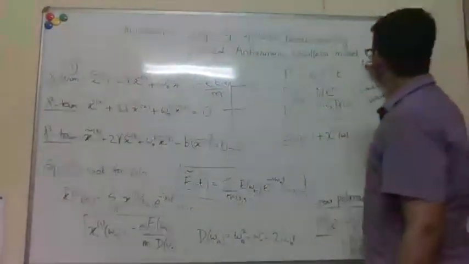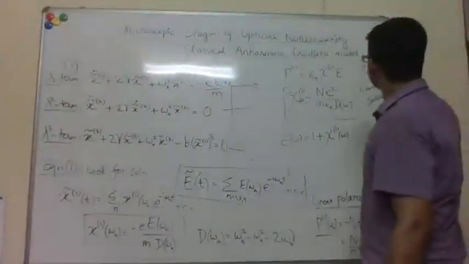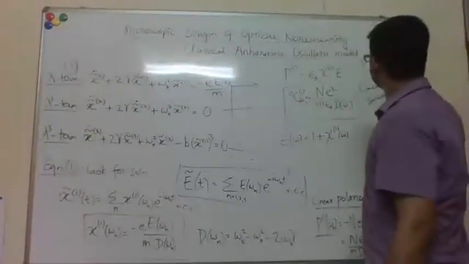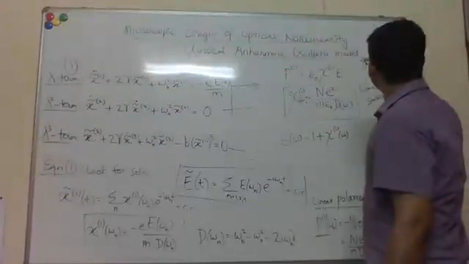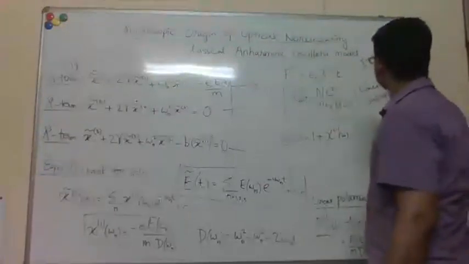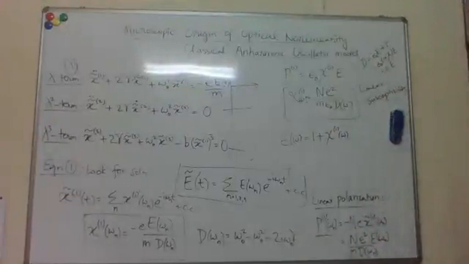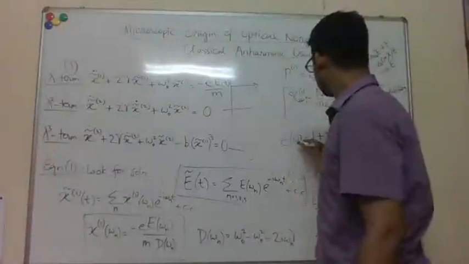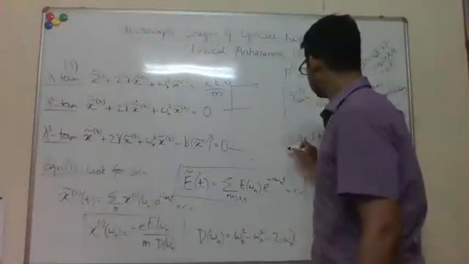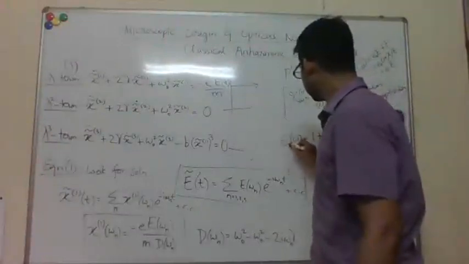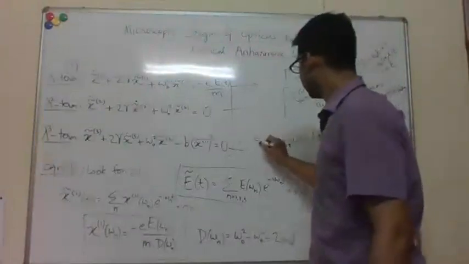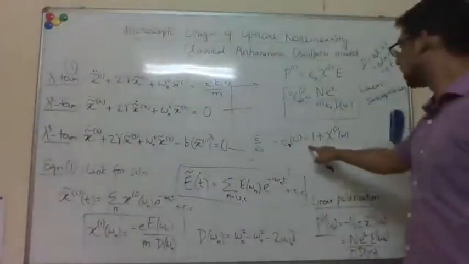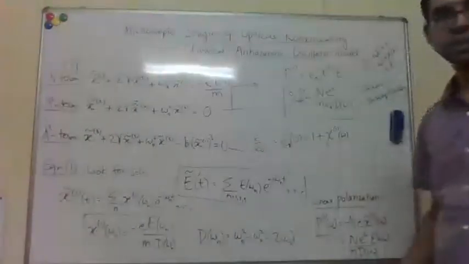Remember, D is epsilon naught E plus P, and P is epsilon naught chi E. So this is epsilon naught times 1 plus chi, E. So this is the dielectric constant, the relative permittivity, epsilon R, which is epsilon by epsilon naught. So the relative permittivity is 1 plus the susceptibility.